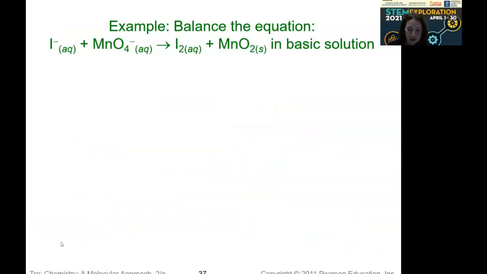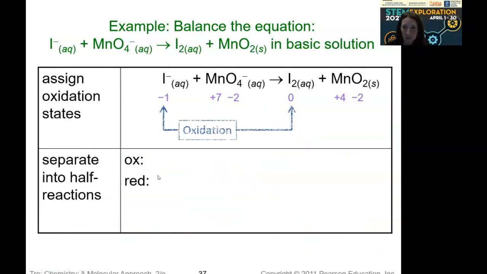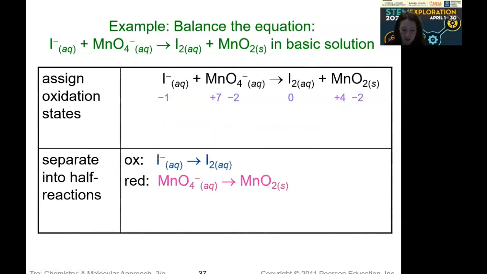Unfortunately, I have to erase that because the rest of this is under here. Okay, so we split our variables. That's what we did. We separated our reactions into oxidation and reduction.